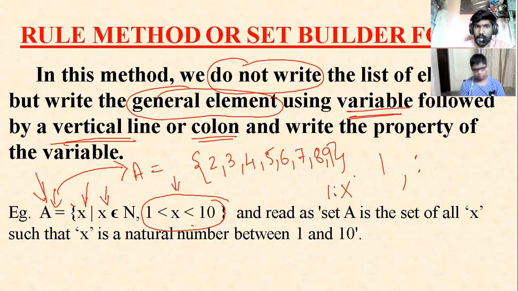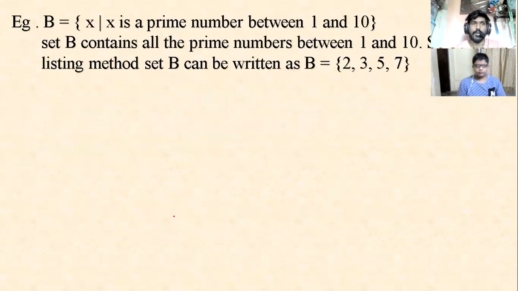That is wrong. Either one of the things. And then you write the property of that variable. In this case, the property of the variable x was that x is a number between 1 and 10. So it totally depends on the question what the property of that variable is. Fine?